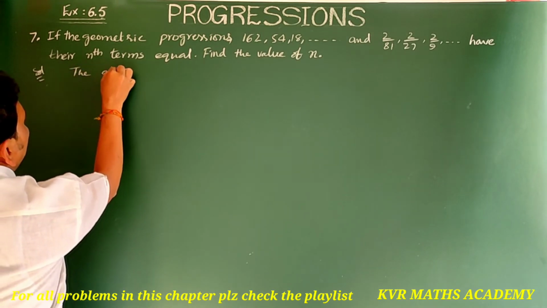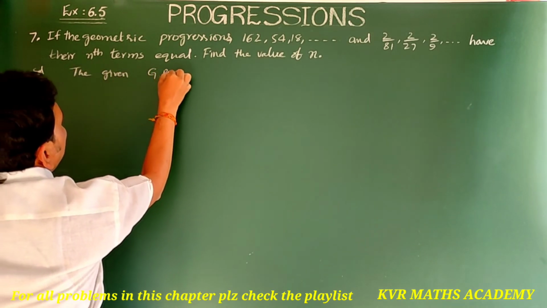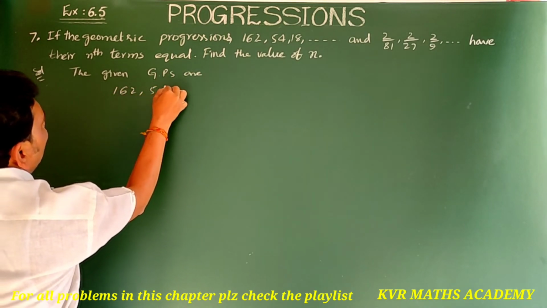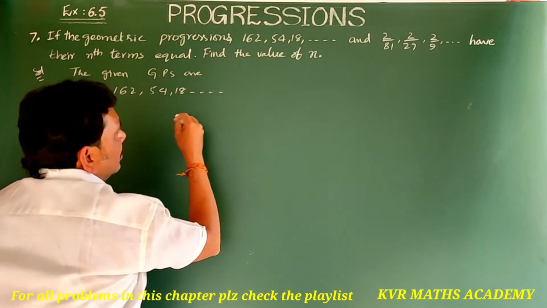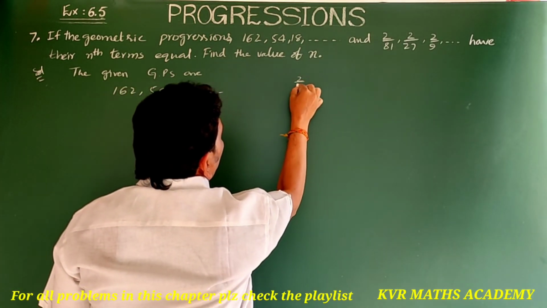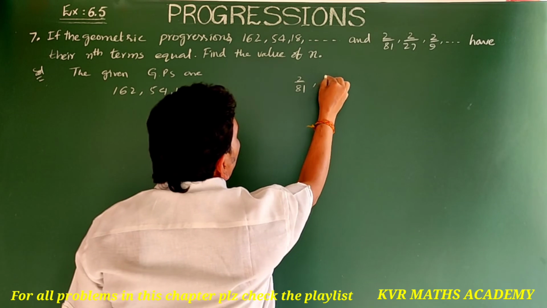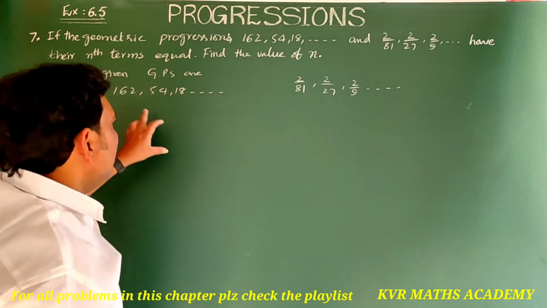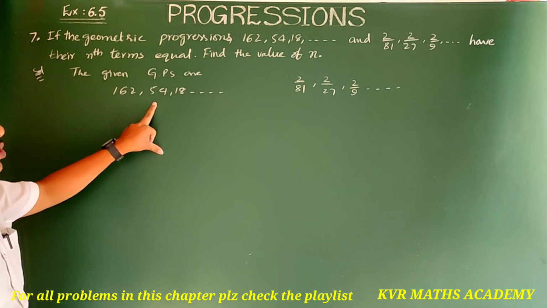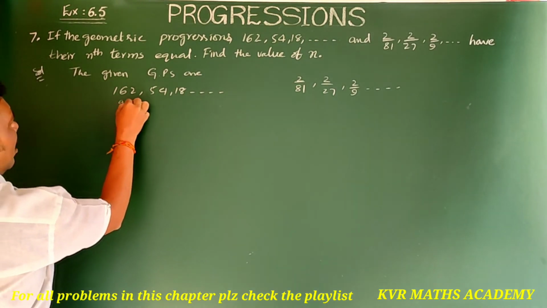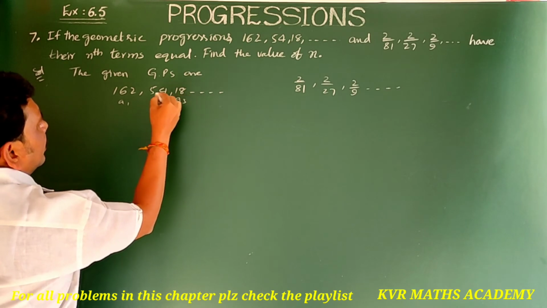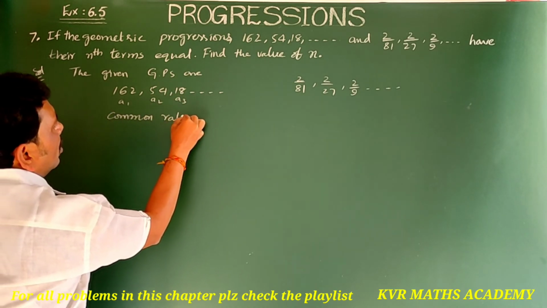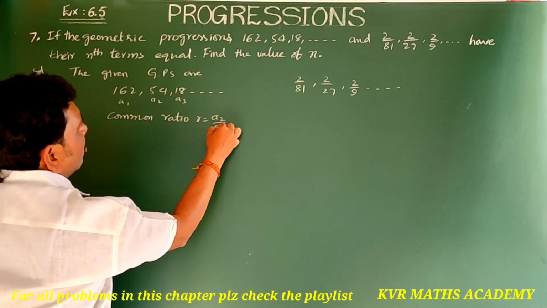The given GPs are, first one 162, 54, 18 and so on. Second one 2 by 81, 2 by 27, 2 by 9 and so on, right? Let us find the common ratio here. This is A1, A2, A3. Common ratio r is equal to A2 by A1 only na?